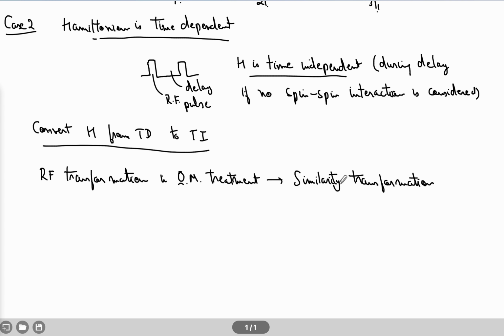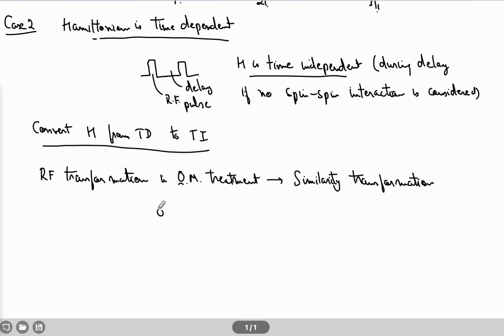Similarity transformation is nothing but taking a given matrix to an alternative space. Let me just describe what I mean.